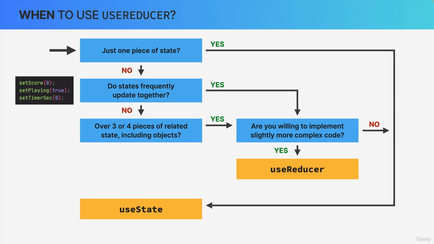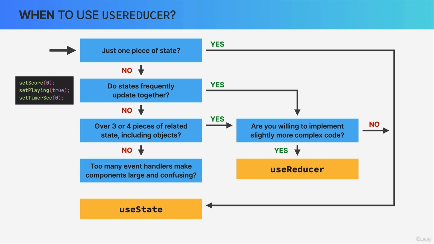Finally, our state might actually not be that complex, but we still feel like we have way too many event handlers that make the component and also its child components too large and too confusing. In that case, you might also consider going with useReducer. Otherwise, if the question is no again, then useState is once again the way to go.